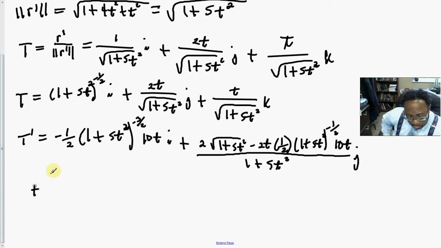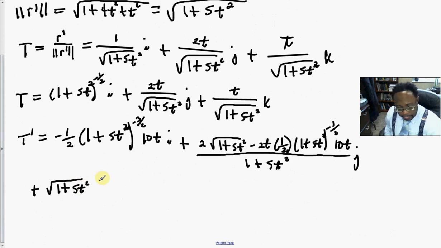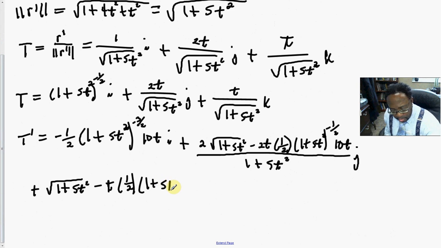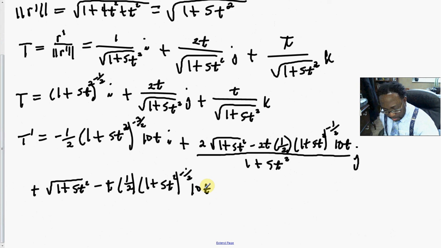Get the k-th component. So this is plus the derivative of the numerator, which is 1, times the denominator, the square root of 1 plus 5t squared, minus the numerator, which is t, times the derivative of the denominator, 1/2 times 1 plus 5t squared to the negative 1/2 times the derivative of the inside, so that's 10t.